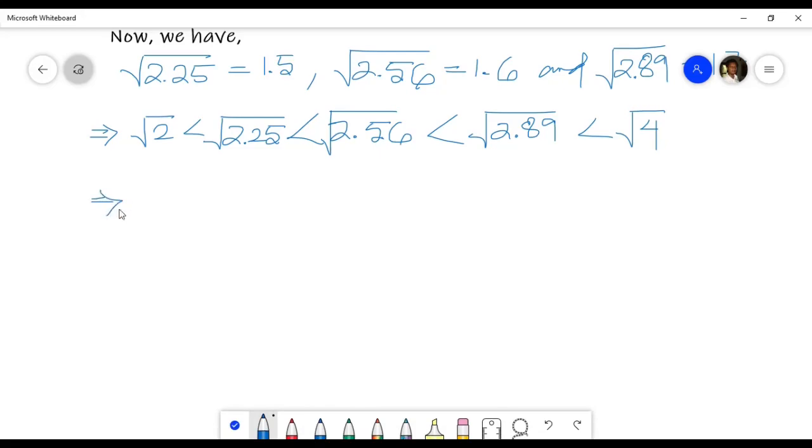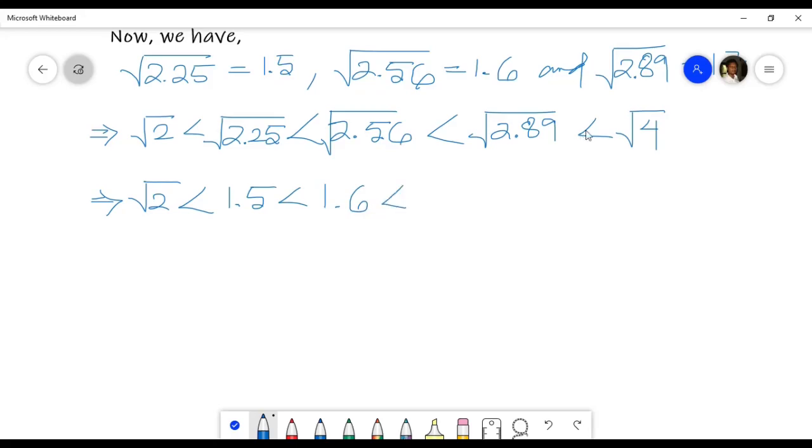Okay, I will write down root 2, which is less than root 2.25, the perfect square of 1.5, which is smaller than root 2.56. 1.6 squared is 2.56.